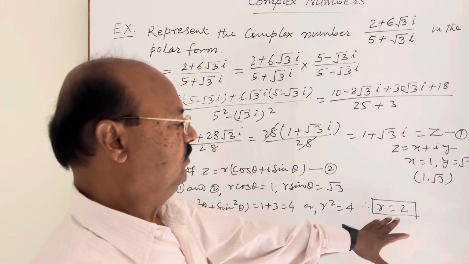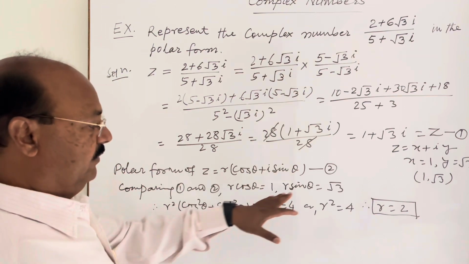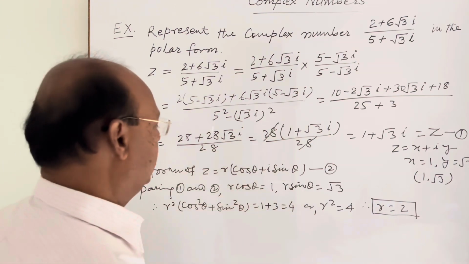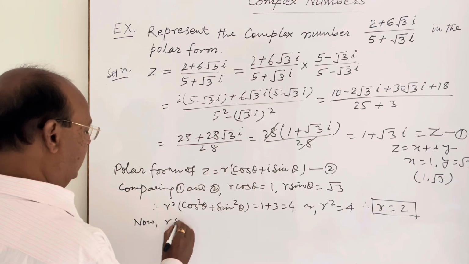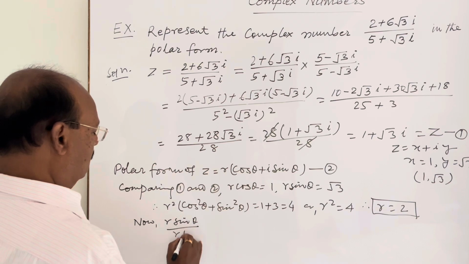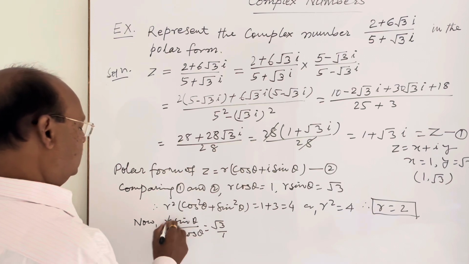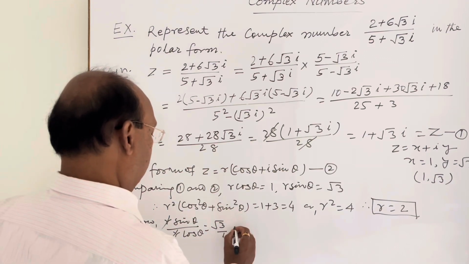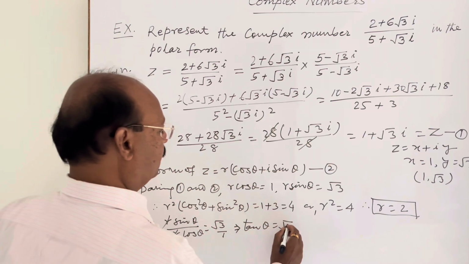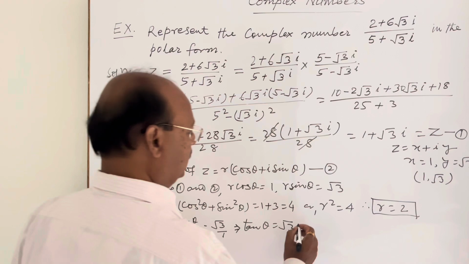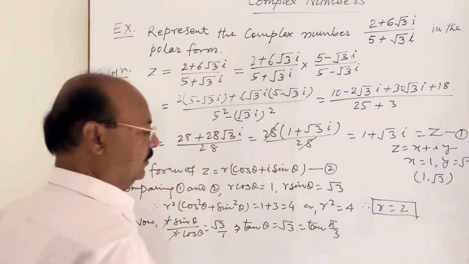Now we have to find the value of θ. Okay, so dividing these two relations, we will get r sin θ upon r cos θ equal to √3 by 1. r is cancelled out, and we are getting tan θ is equal to √3, and √3 is tan π by 3.